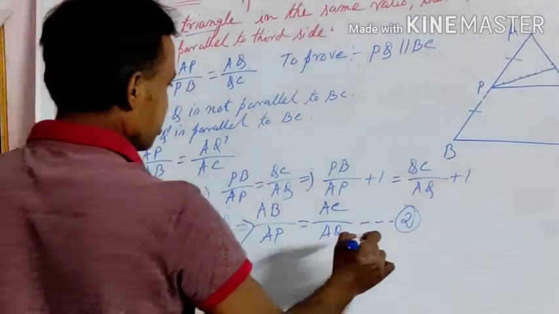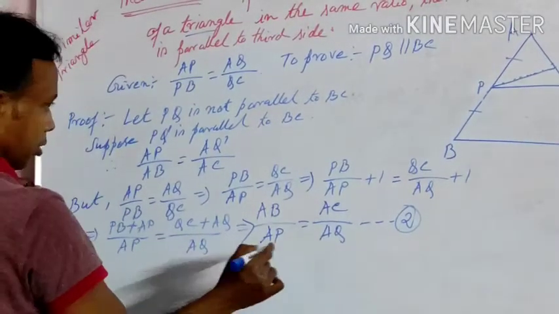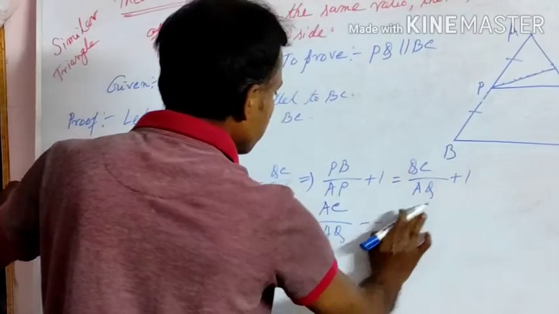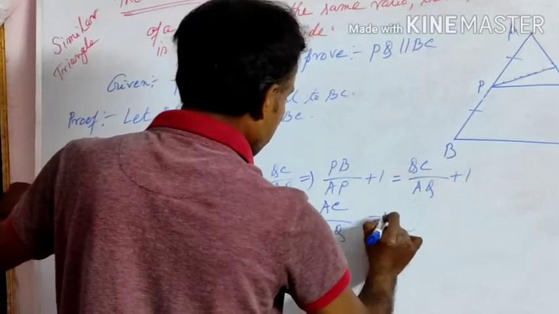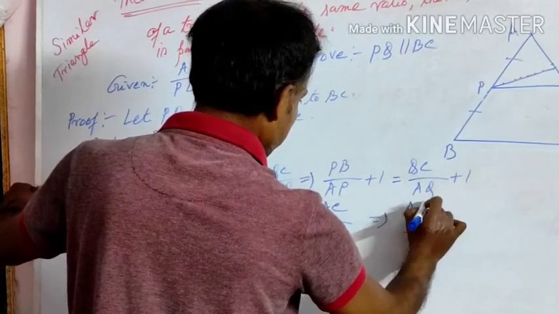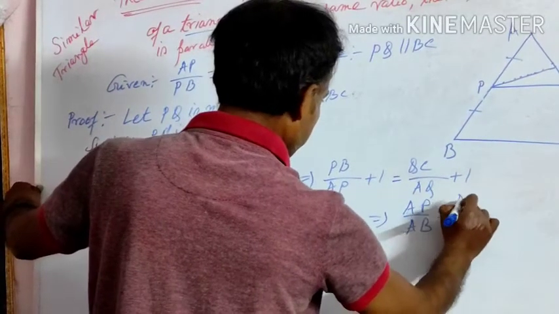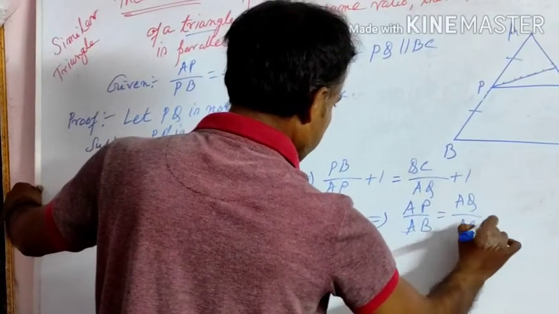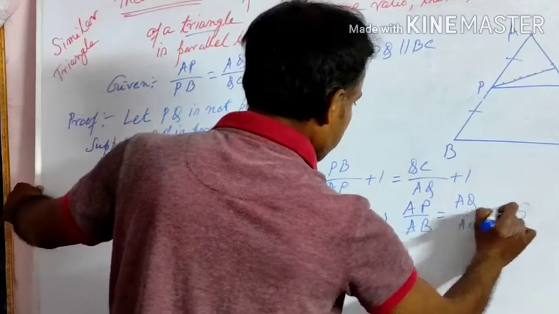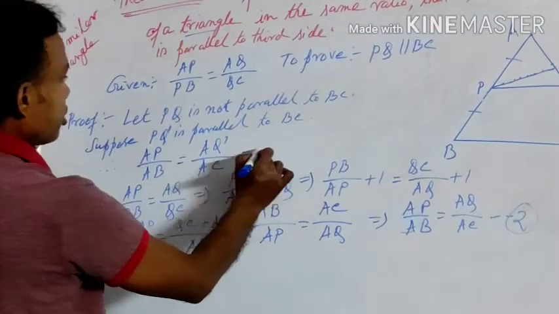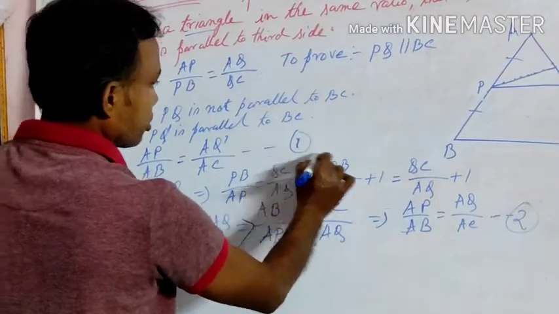Or AP by AB is equal to AQ by AC. Take the reciprocal, because in equation 1 you have to compare equations 1 and 2.